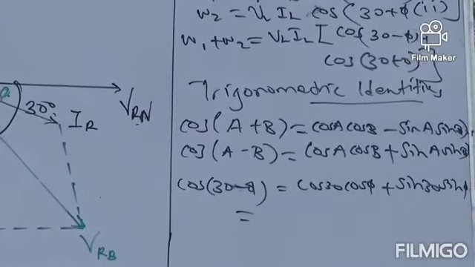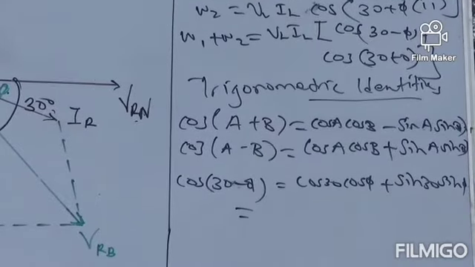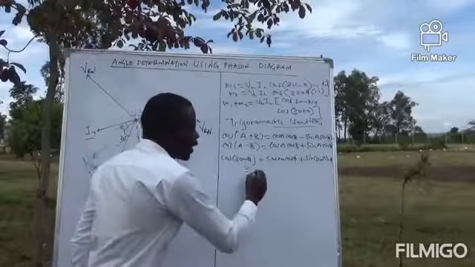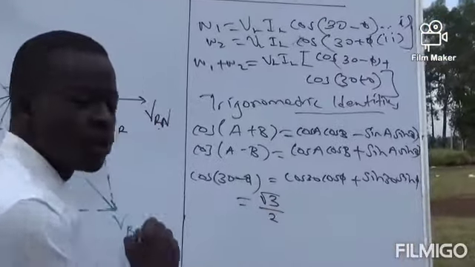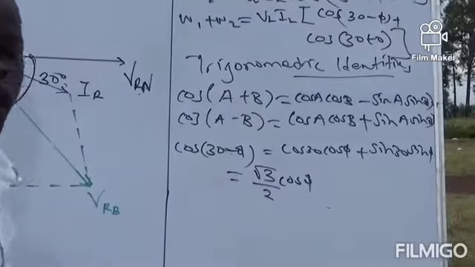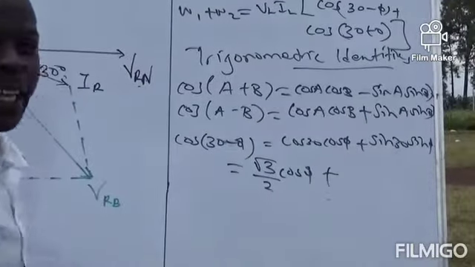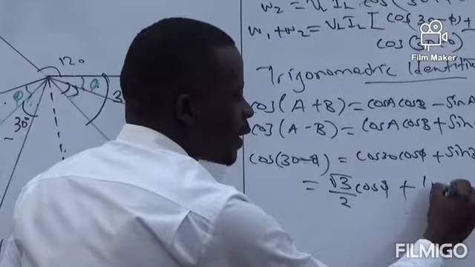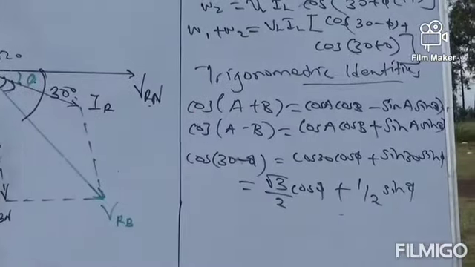Using the laws of trigonometry, cos 30 is root 3 over 2, and this remains cos phi, plus sin 30 is 0.5, which is a half, so plus a half sin phi.